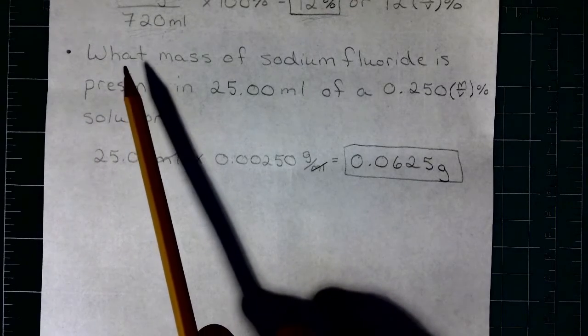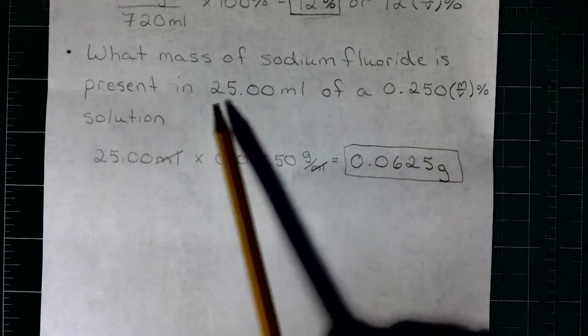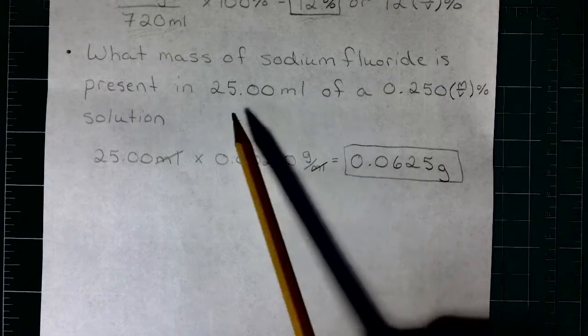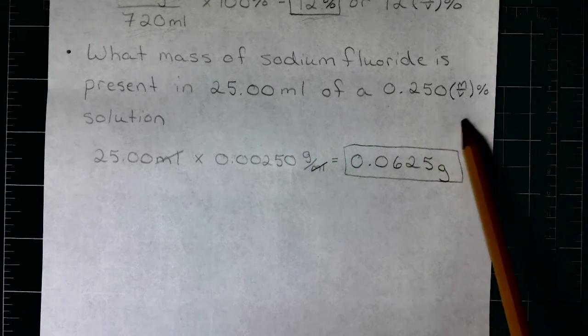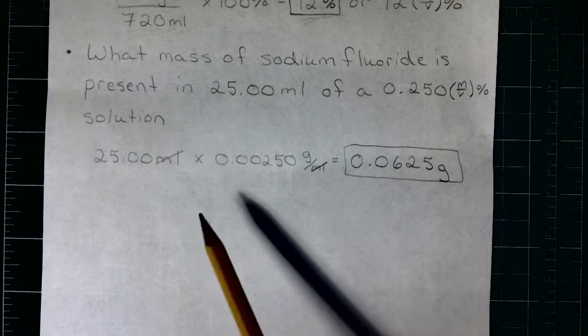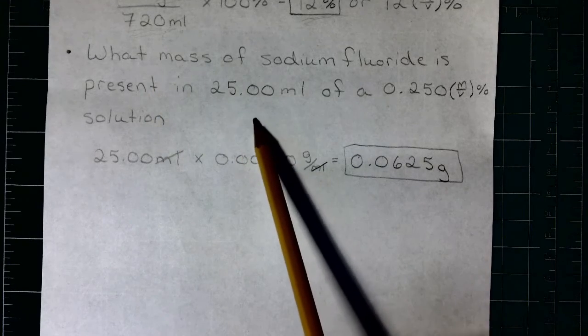And we can ask the question the other way, obviously. What mass of sodium fluoride is present in 25 milliliters of a 0.250 mass over volume percent solution? So we're being asked for mass. We're given a volume.